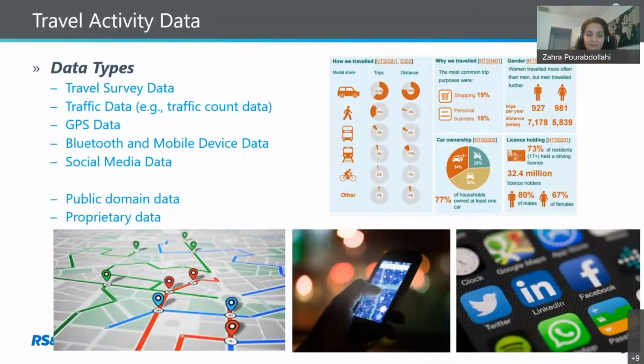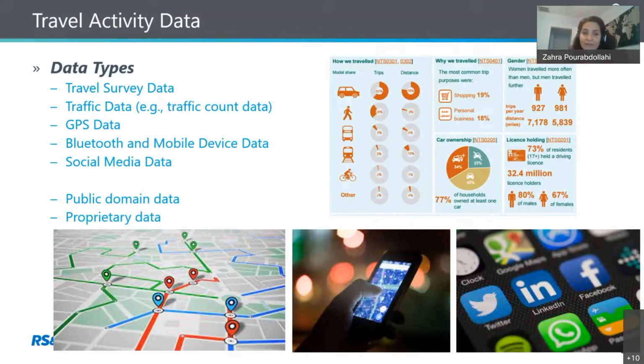So, travel activity data include different and diverse types of data. The most prominent types are the conventional travel survey data and traffic data. And then there are the new and emerging types of data that are collected usually passively, like GPS data, Bluetooth data, and mobile device data.